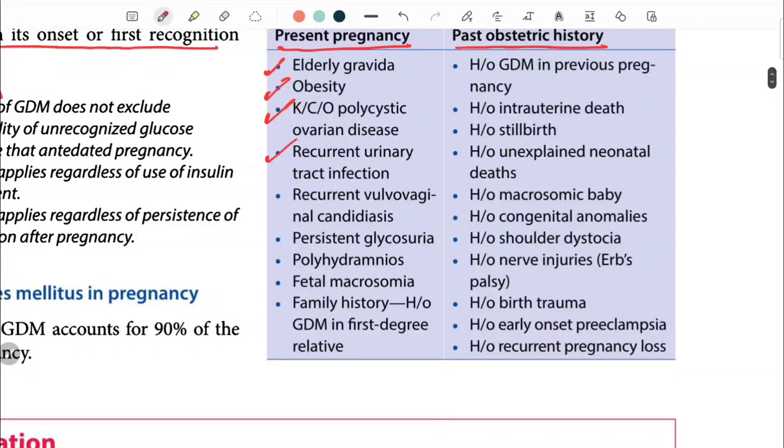Whether she has recurrent urinary tract infection, recurrent vulvovaginal candidiasis, persistent glycosuria, polyhydramnios, fetal macrosomia, and family history, that is history of GDM in a first degree relative.